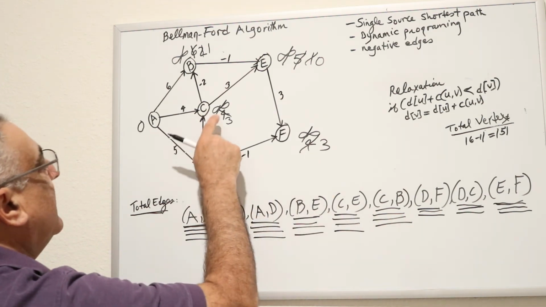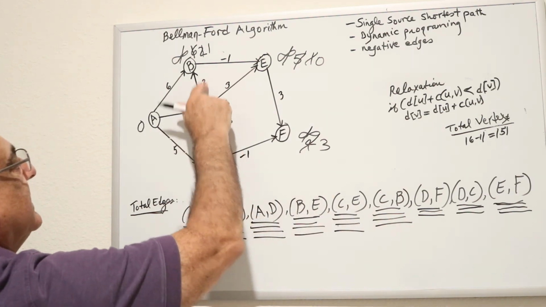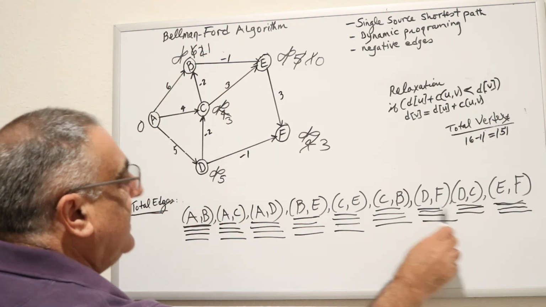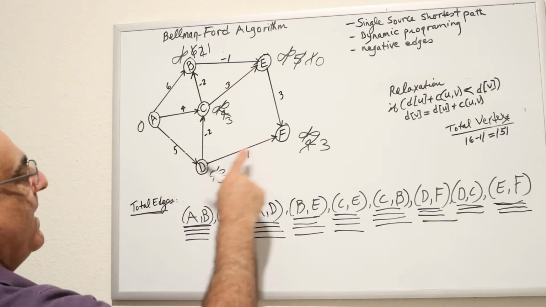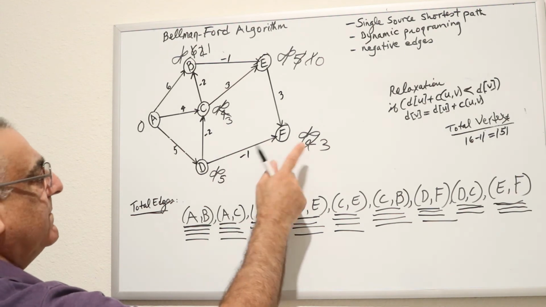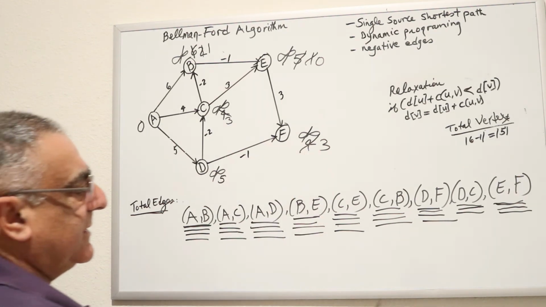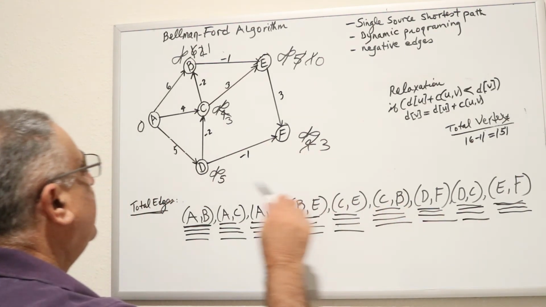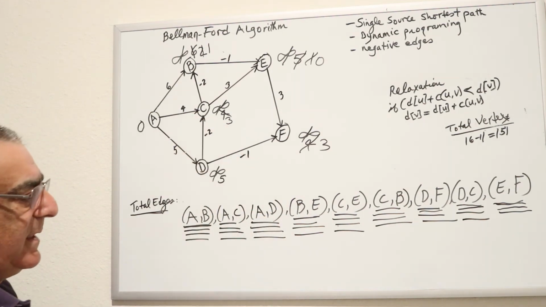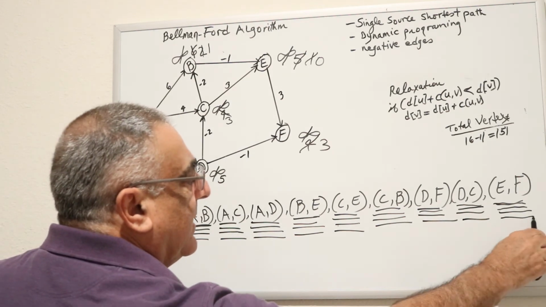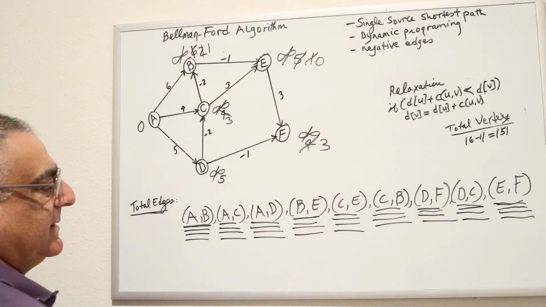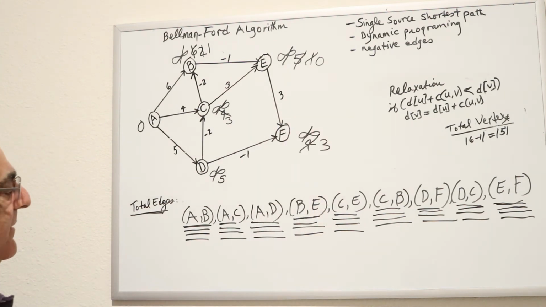C to B, 3 plus -2, that's a 1, same thing, can't change it. D to F, 5 plus -1, that's a 4, so I've got a 3, can't change it. D to C, 5 plus -2, that's a 3, can't change it. E to F, 0 plus 3, that's a 3. So this is my fourth pass.